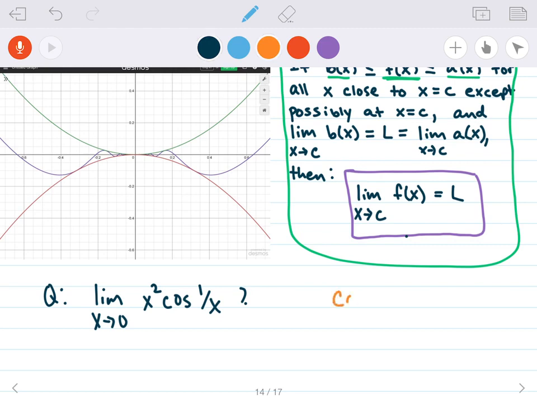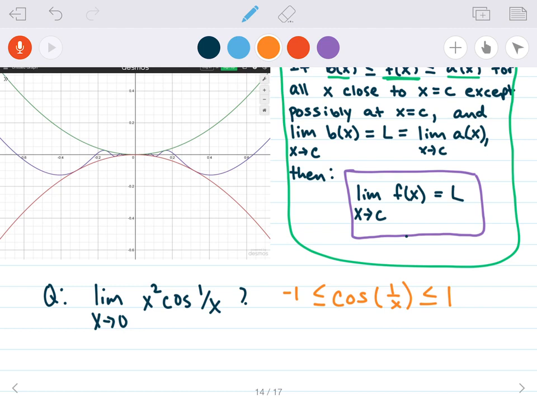We know from trig that cosine of an angle is going to be between 1 and negative 1. That's a true statement. Cosine of an angle, where the angle happens to be 1 over x, is always going to be between negative 1 and 1.